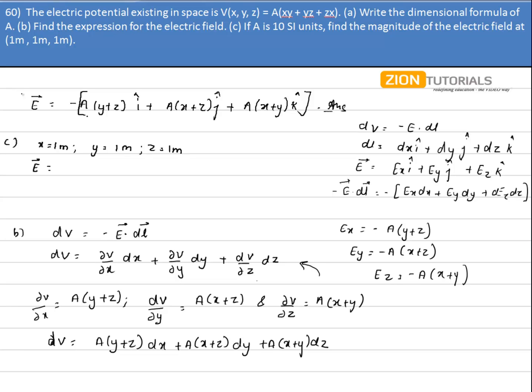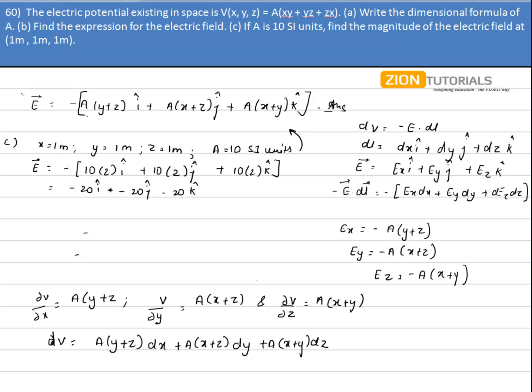Now substituting x equals 1, y equals 1, z equals 1, and A equals 10 SI units in this equation, we get minus of 10 into 2 i cap minus 10 into 2 j cap minus 10 into 2 k cap, which comes out to be minus 20 i cap minus 20 j cap minus 20 k cap.